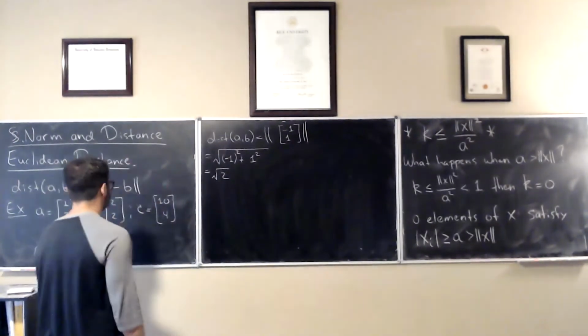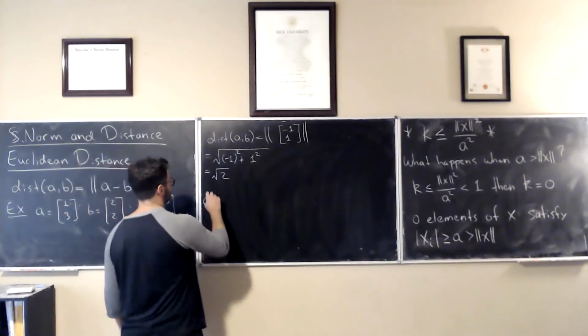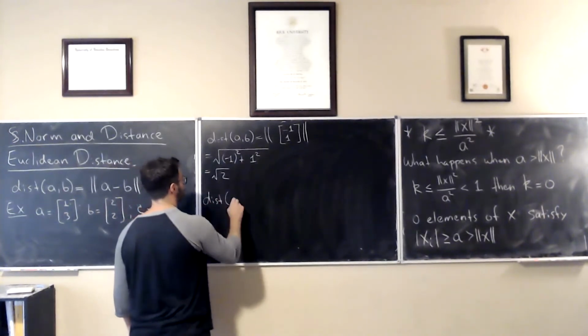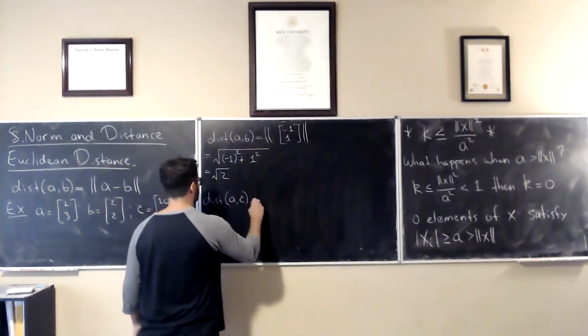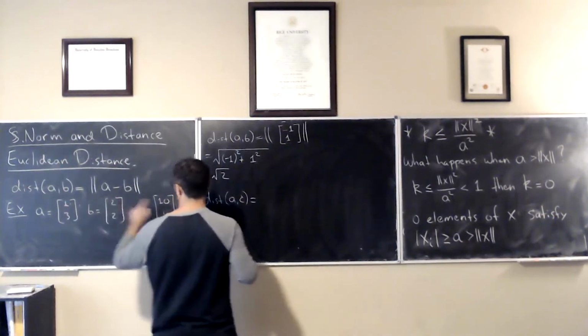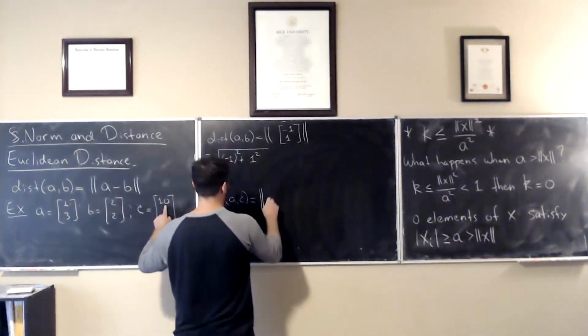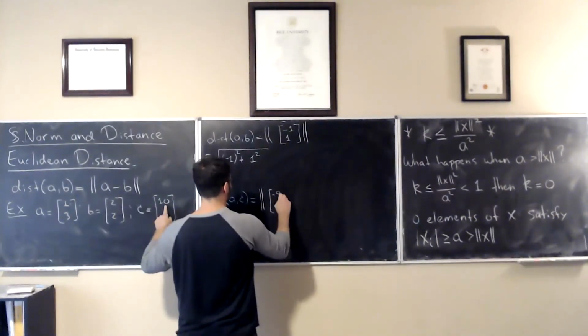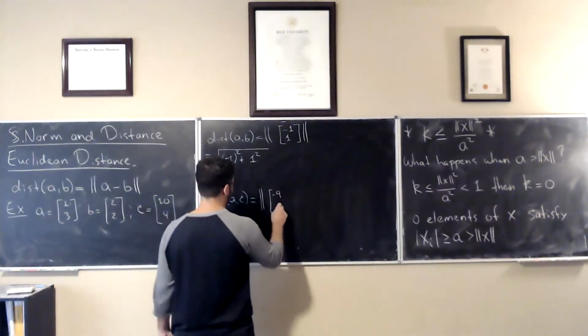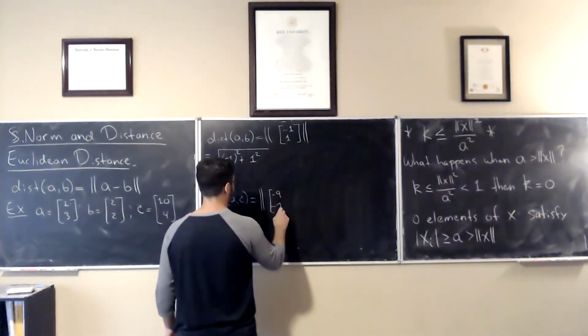Let's look at the distance between A and C. So 1 minus 10 is minus 9, and 3 minus 4 is minus 1.